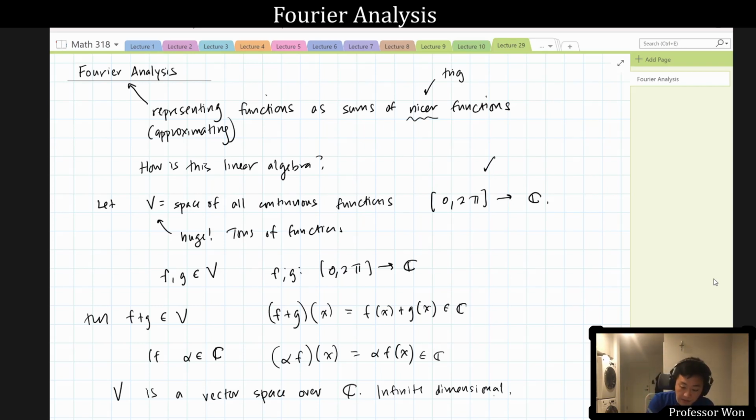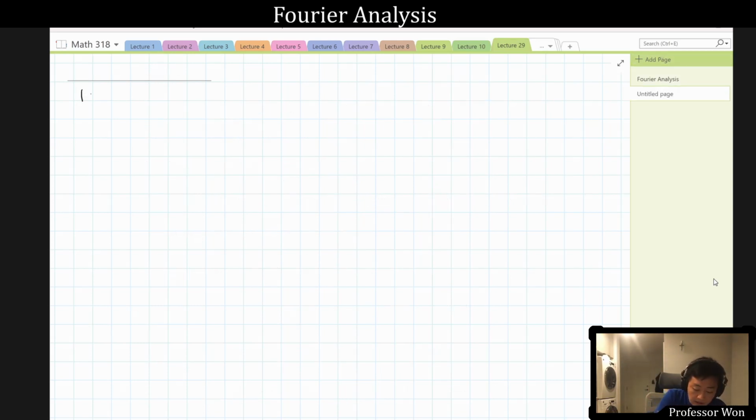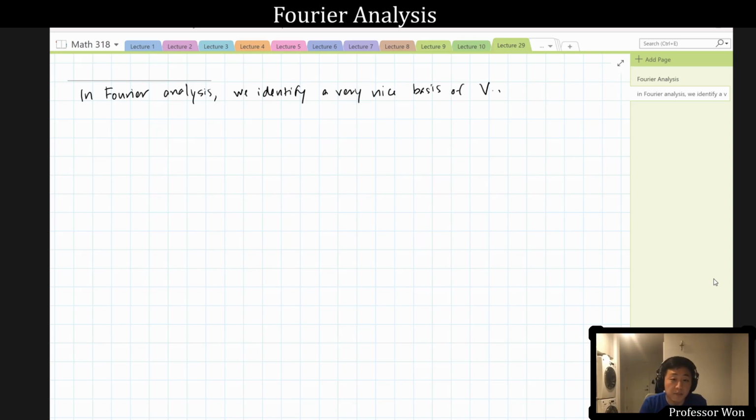Right, so in Fourier analysis, we identify a very nice basis of V. Very nice in that we understand the properties of the functions very well, and also very nice in the sense that, well, first of all, since it's a basis, it means that every function will be a linear combination of those basis elements.